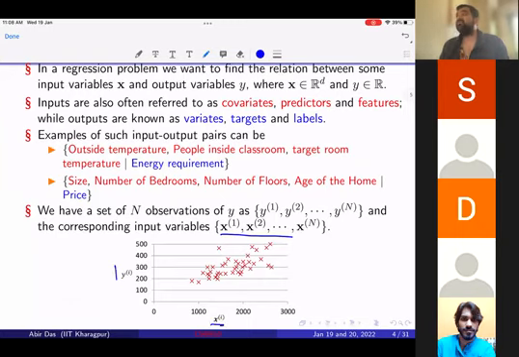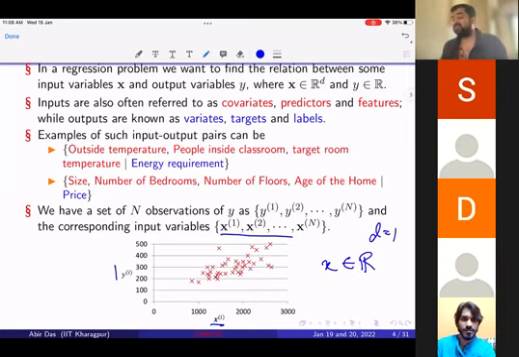For visualization purposes, I'm just showing it for a single scalar x, that is x in R, where d is 1. So only one component of x is there.